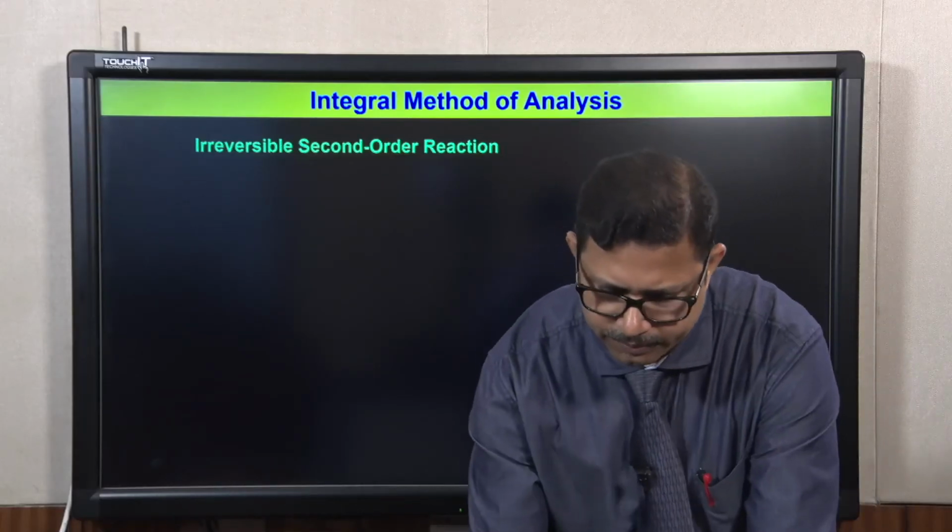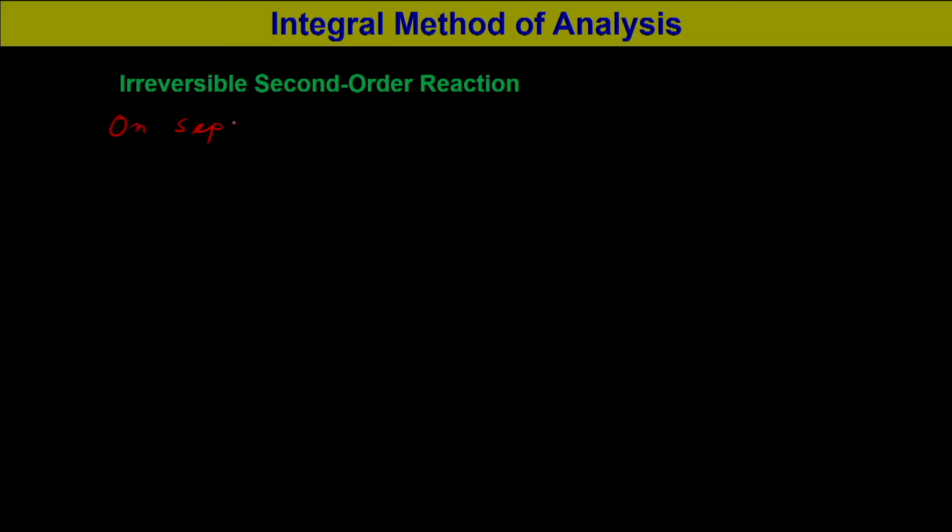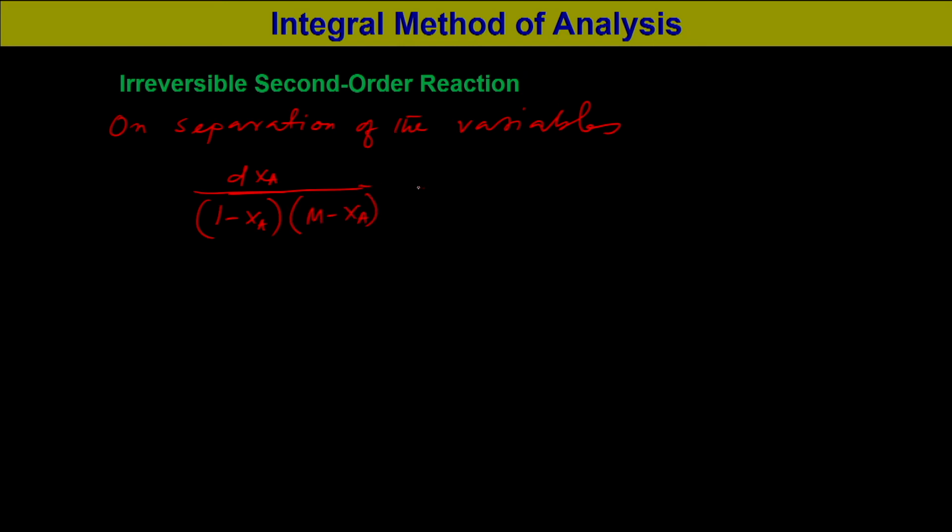Now, if we do the separation of the variables of this expression, we will obtain dx_A by 1 minus x_A into m minus x_A equal to C_A0 k integral 0 to t dt, and on the left 0 to x_A.